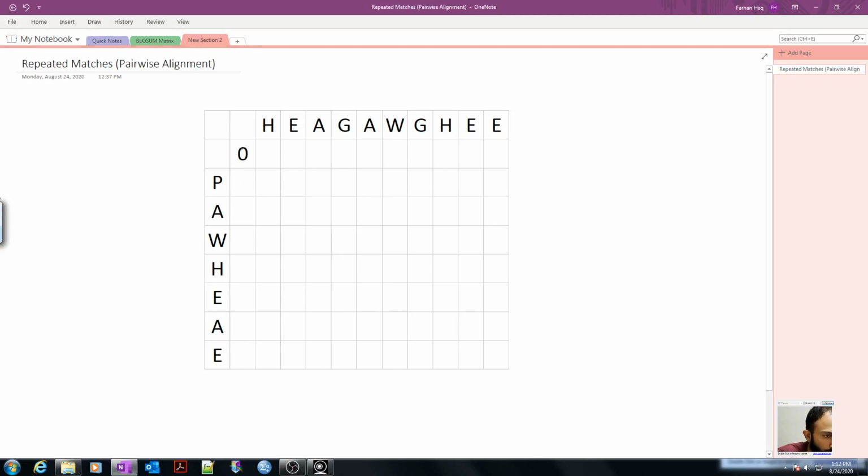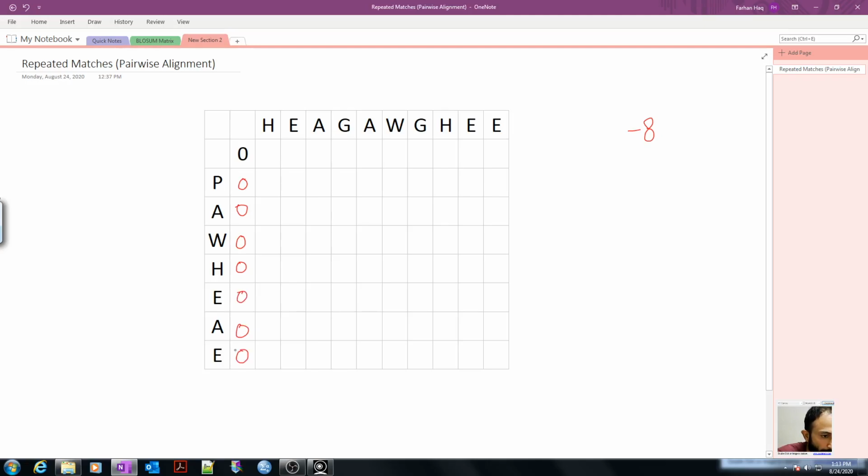So if we move from up to down, we have to add 0 plus gap. Let's say the gap value is -8. So 0 plus -8 is -8, and we don't have to add a negative value, so we add 0 instead. Again 0, similarly for all the cells, because all the cells will get the gap value, and that will make the value less than 0, that is negative, so we will add 0 instead.